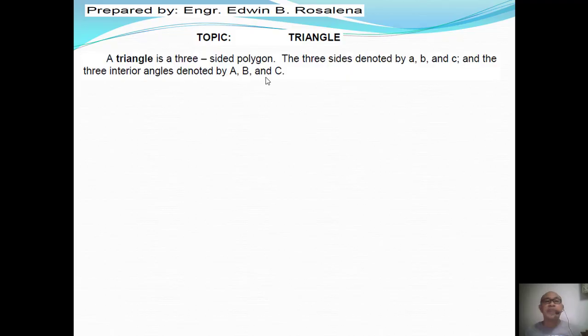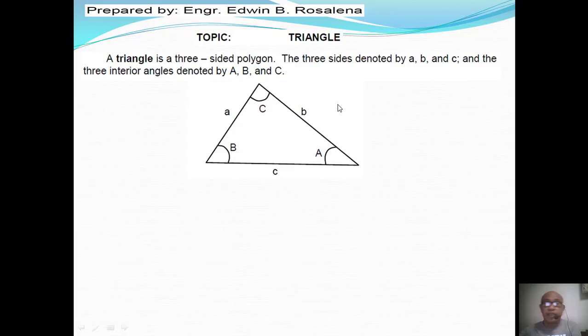So we're here. A triangle is a three-sided polygon, and we know we have 6 parts. The 3 sides denoted by small letters a, b, and c, and the 3 interior angles represented by big letters A, B, and C. So what are the formulas in the computation of the area of the triangle?